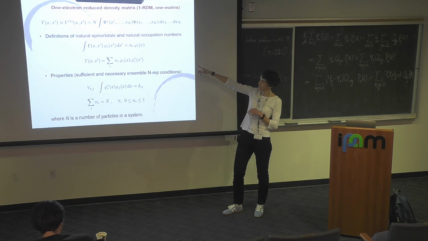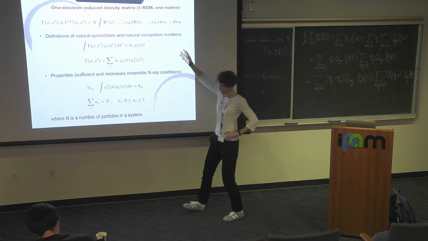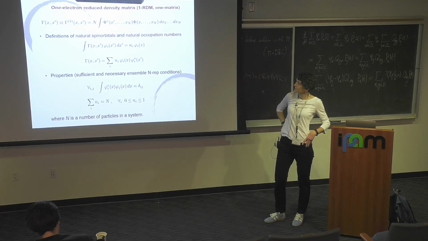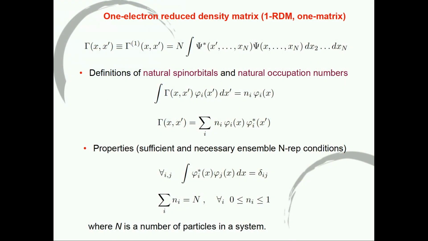As I said already, I think yesterday, the eigenfunctions are called natural spin orbitals, those objects here, right? They depend on the set of positions of 1 electron. And the eigenvalues, those lowercase n's, are called natural occupation numbers. And I was also talking about n-representability conditions, more precisely ensemble n-representability conditions, and they are put down here.